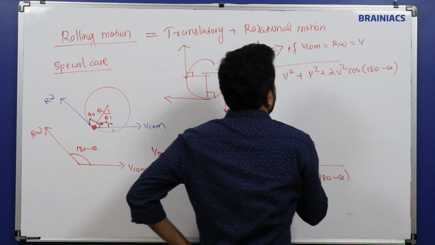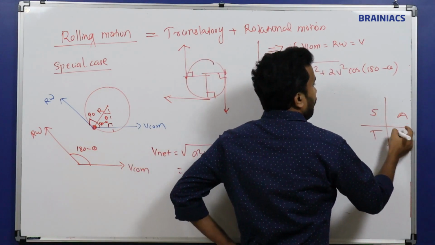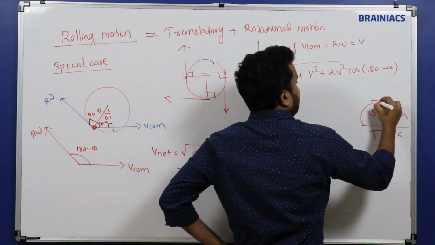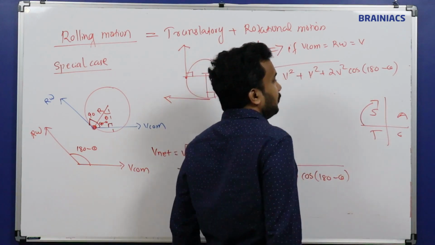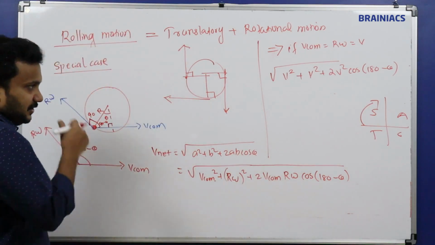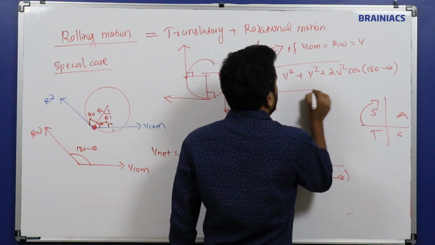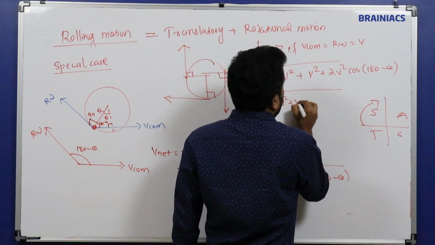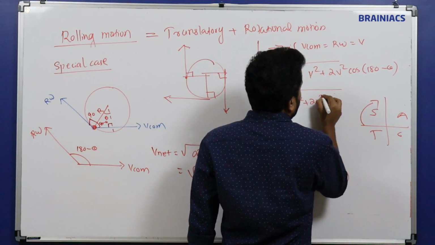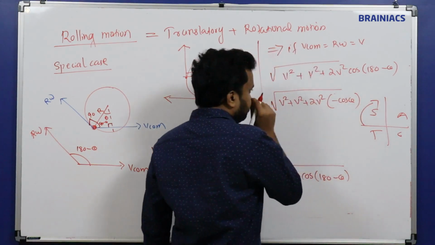What is cos of 180 minus theta? We know all sin tan cos: 180 minus theta means second quadrant, where sin and its reverse cosec are positive. So cos is negative in the second quadrant. So this becomes root of V square plus 2V square, cos of 180 minus theta meaning minus cos theta.